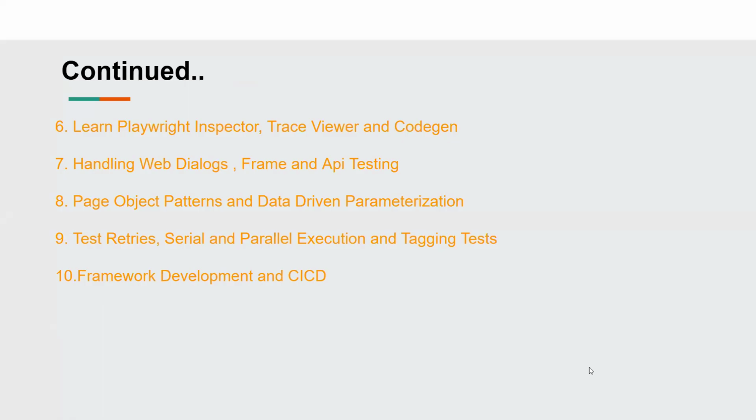As I said, there are inbuilt tool sets: the Playwright Inspector, the trace viewer and CodeGen. Playwright Inspector lets you get the locator using the inspector.